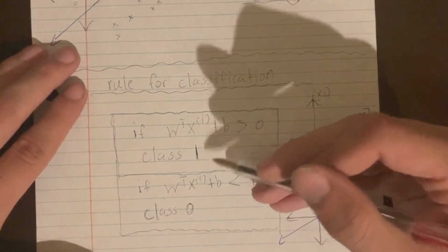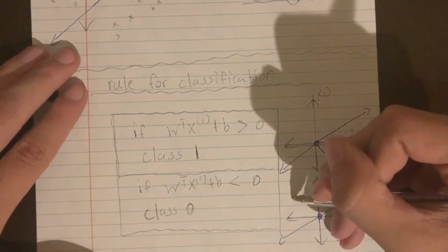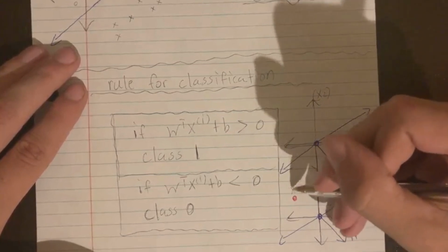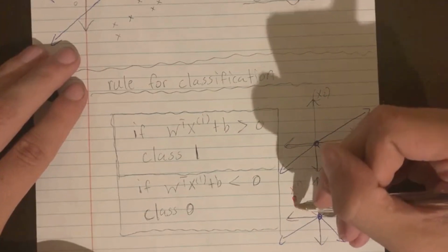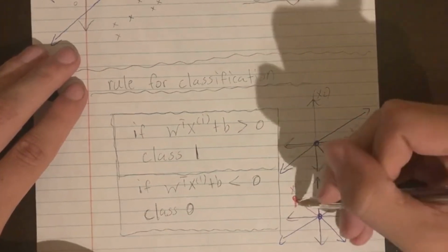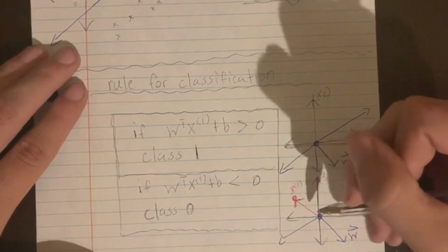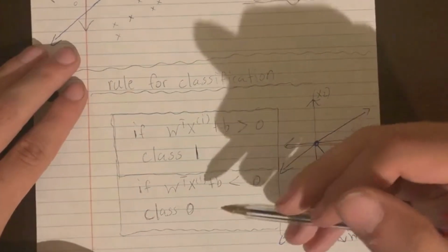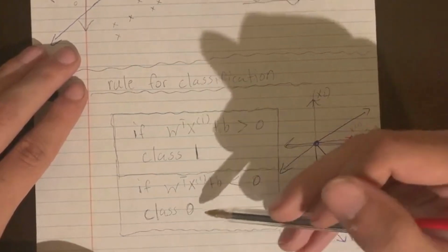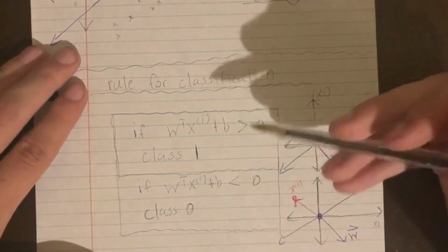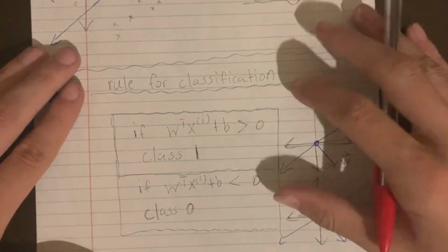In the opposite case, if your new data point fell here, you can represent it as a vector here, and the dot product between W transpose and x of i is less than 0, so it gets classified as class 0. And that's how the rule for classification works. Alright, now let's move on from that.